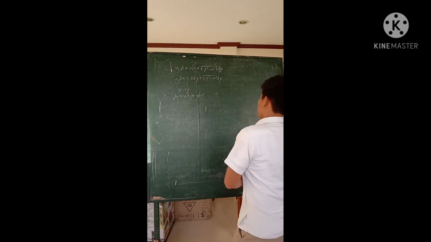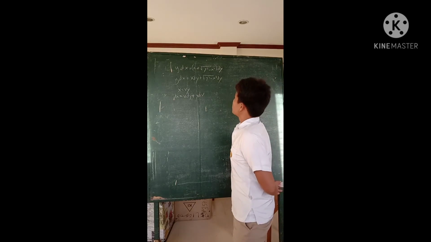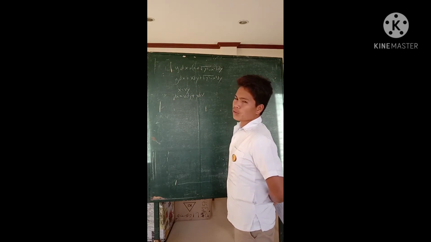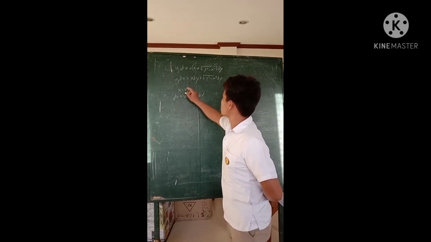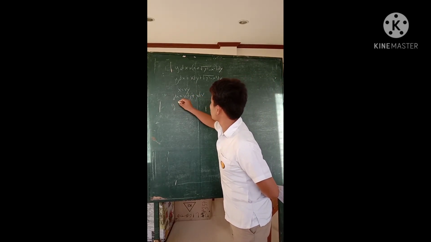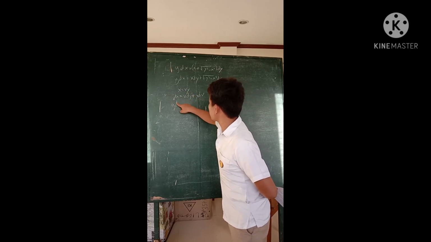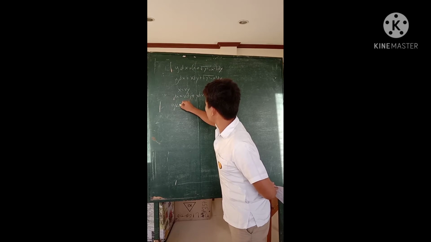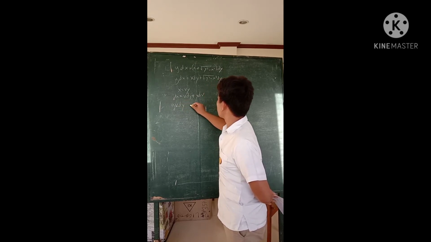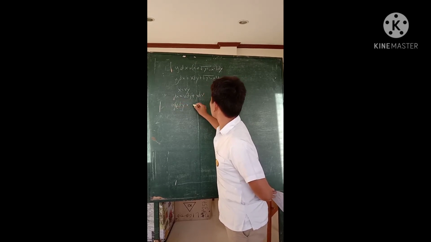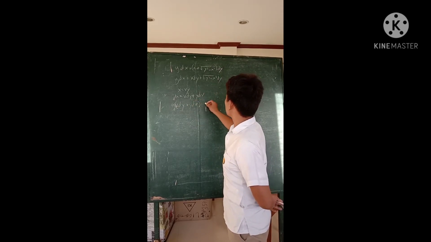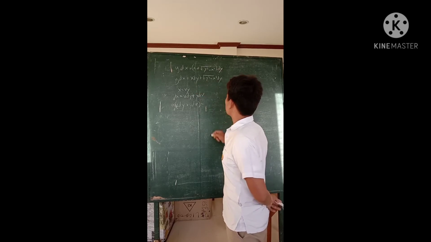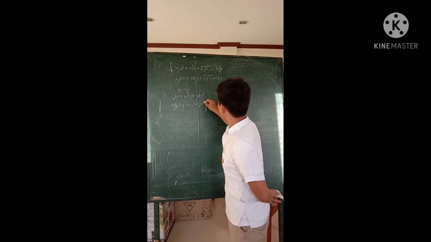Next we need to change the variable x and the dx. So in y dx, the value of dx equals v dy plus y dv. Then this equals x dy.